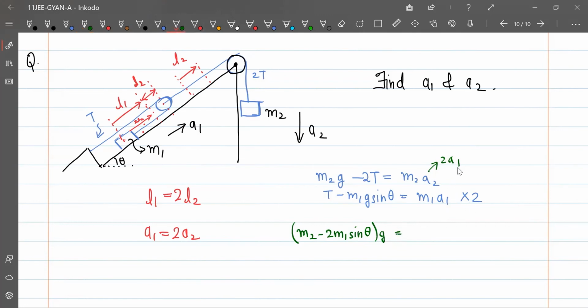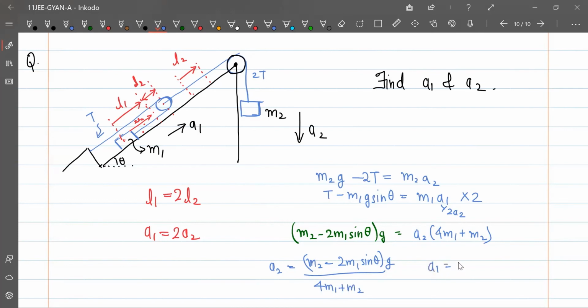सो A1 equals to 2A2. तो ये आ जाएगा 4M1 प्लस M2. यहाँ से A2 आ जाएगा M2 minus 2M1 sin theta G divided by 4M1 plus M2.